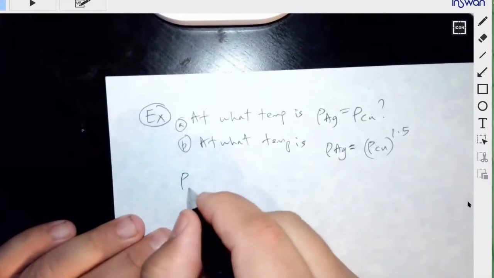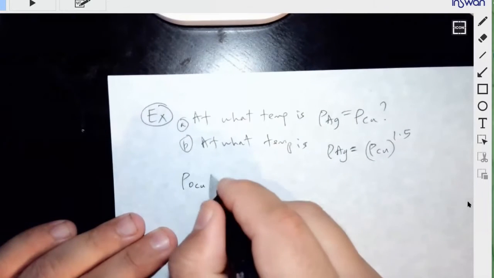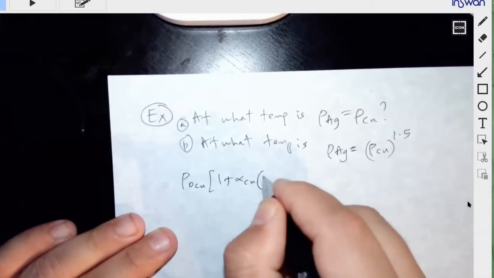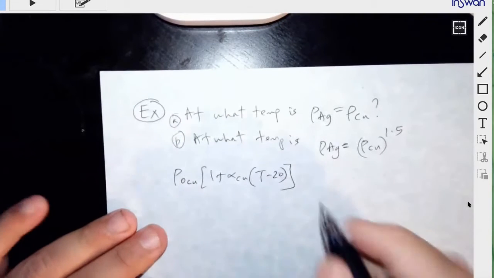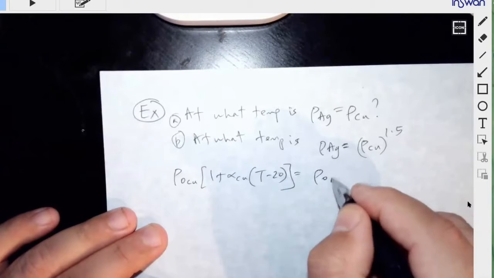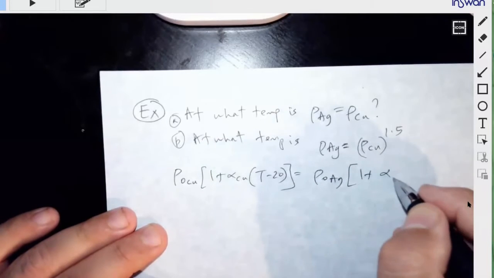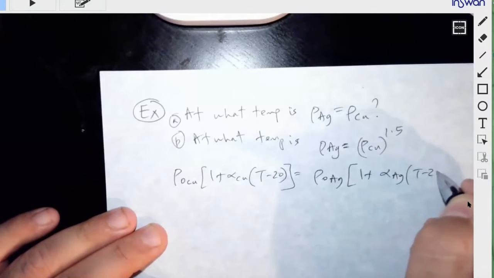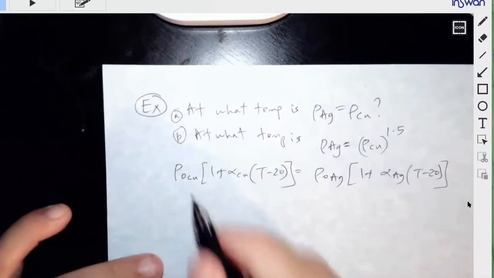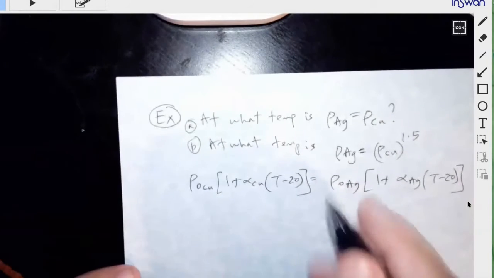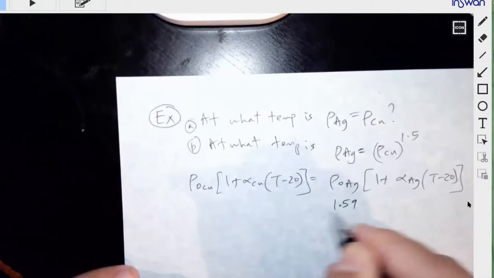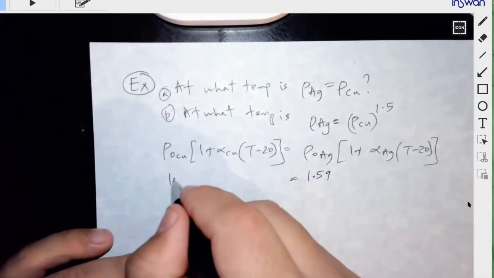Okay, so resistivity 0 of copper, 1 plus alpha copper, T minus 20. Resistivity 0 of silver, 1 plus alpha silver, T minus 20. Copper was 1.724 and silver 1.59.